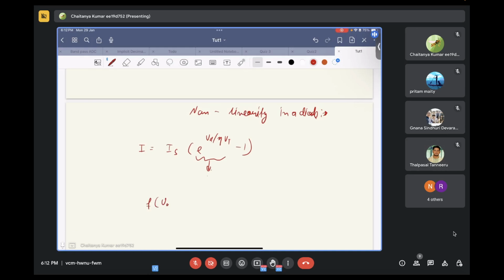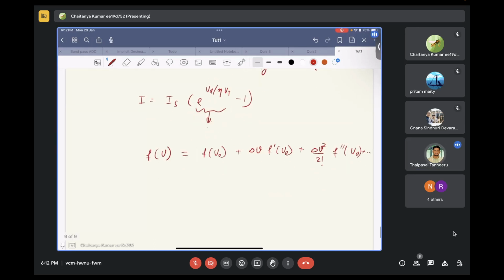Let's say we have a function f(v), and we want to find its Taylor series approximation for an input centered across v naught. We will get f(v naught) plus delta v times f dash of v naught plus delta v square by 2 factorial times f double dash of v naught, and so on. Correct? Is this clear? Yes, sir.